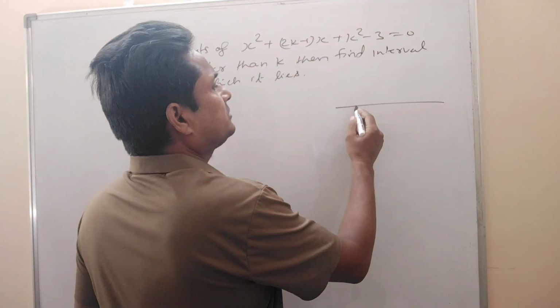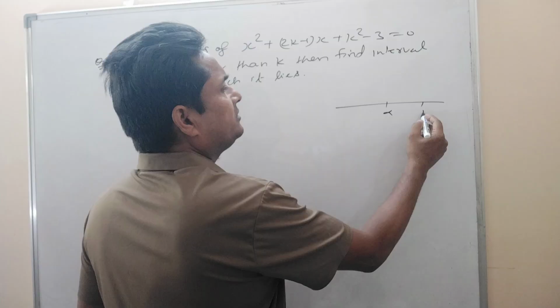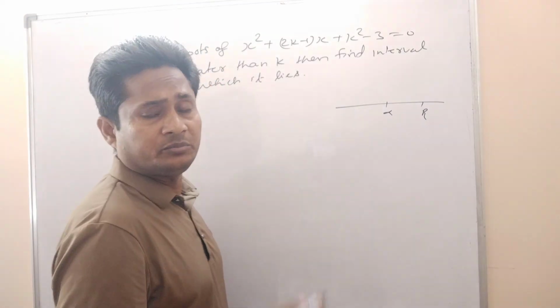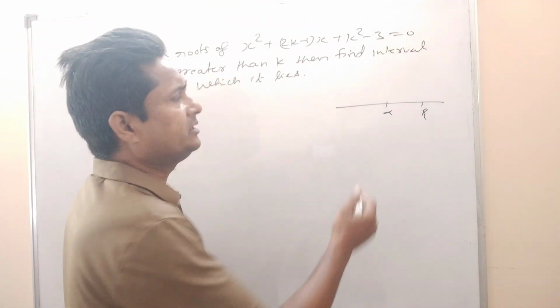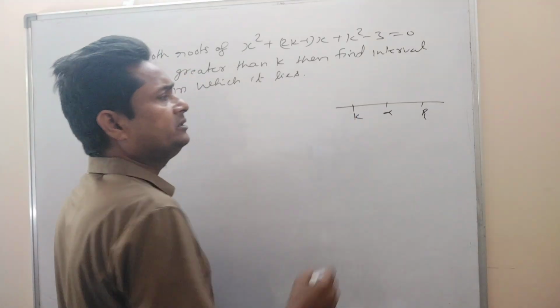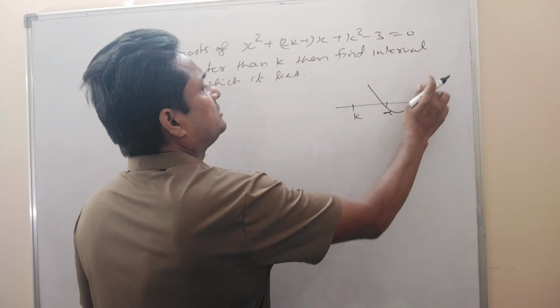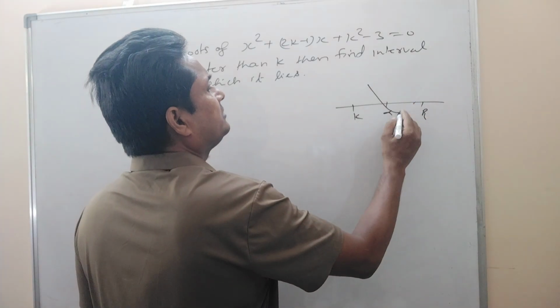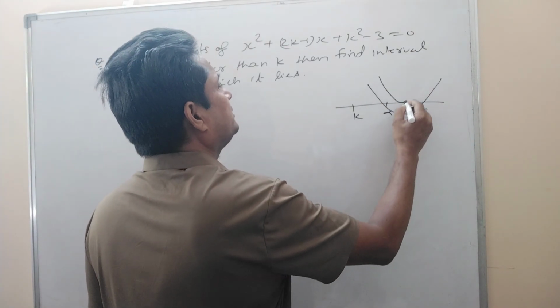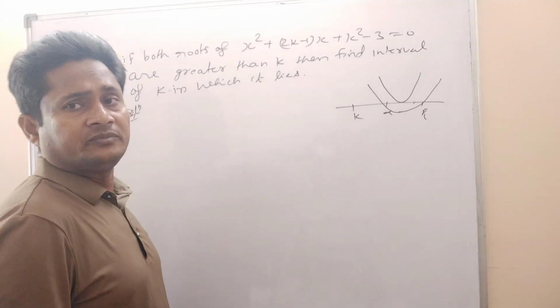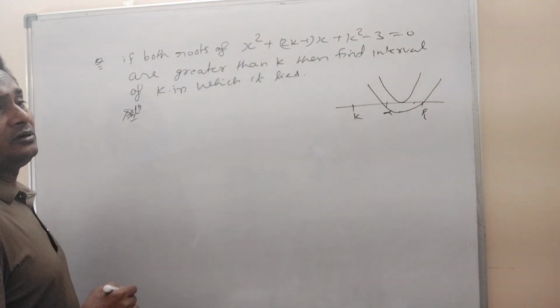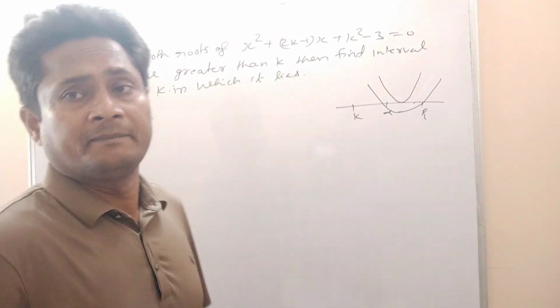If both roots, let's say this is alpha and this is beta, are greater than a number k, that means k must be on this side. That means the graph will be like this, or it may be like this. So it is of which case?